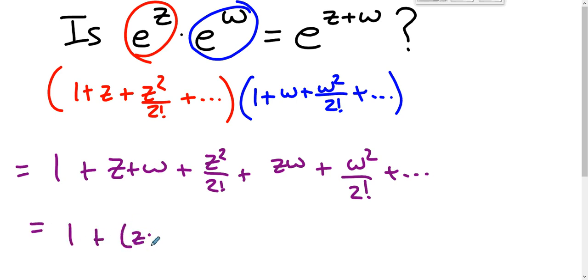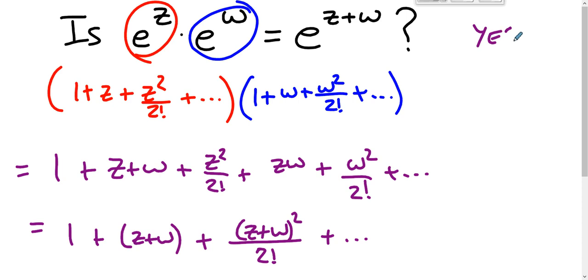That's 1 plus z plus w. Oh, looky there. Oh, it does work. So even if z and w are complex numbers, this still holds.